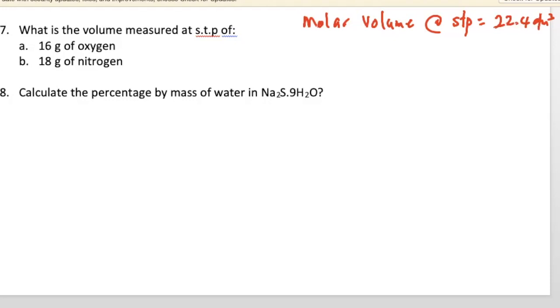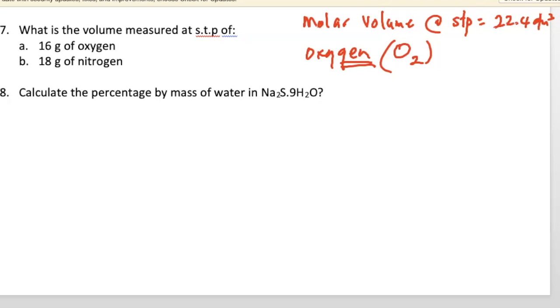So we're talking about oxygen. Before we even look at the 16 grams that's present, we know that oxygen is diatomic. Anything that ends in gen is diatomic. So we would represent it as O2. Okay, so with that in mind, we can figure out the molar mass of oxygen here.